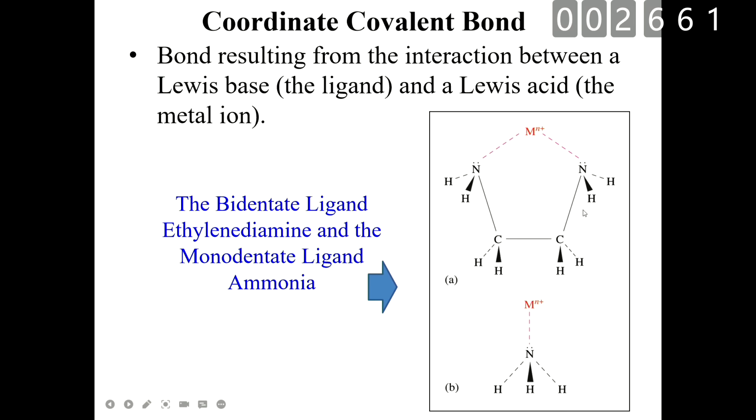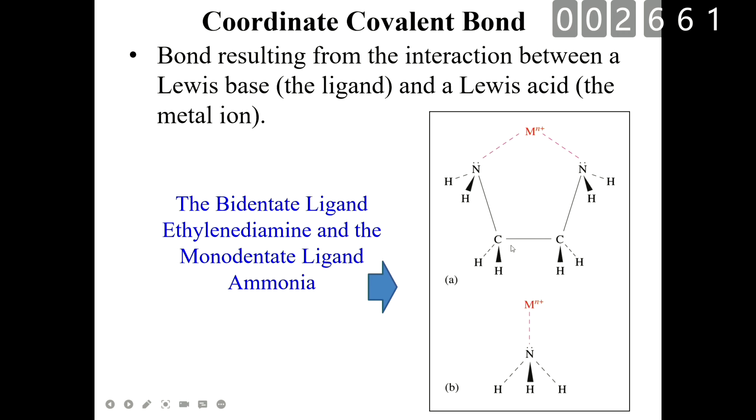Okay, so we can see the en, this is amino, this is mono. En is called ethylene diamine. Ethylene, we know this is ethylene.